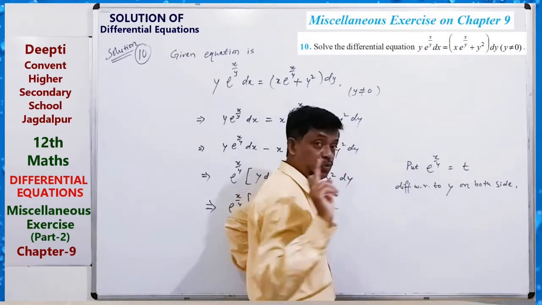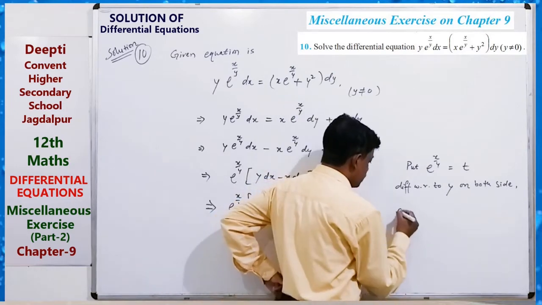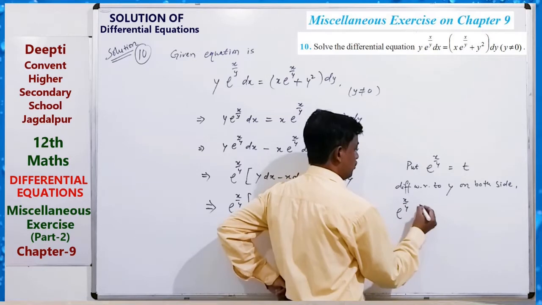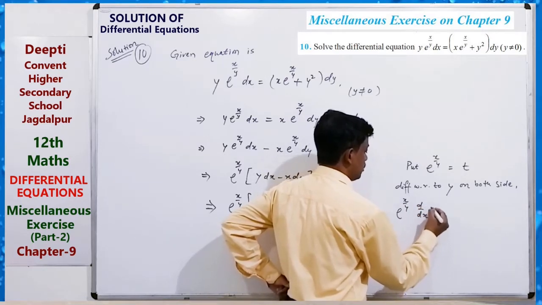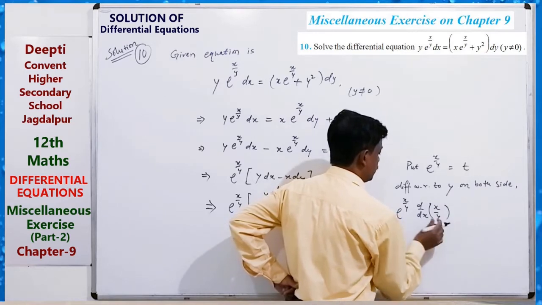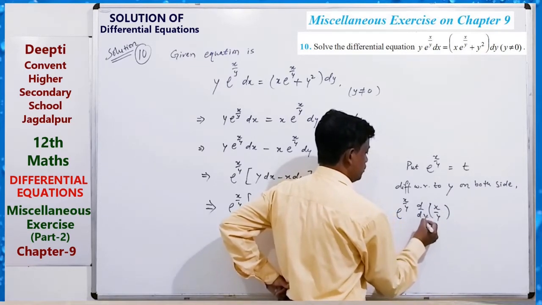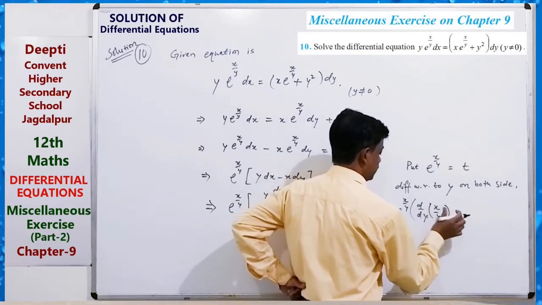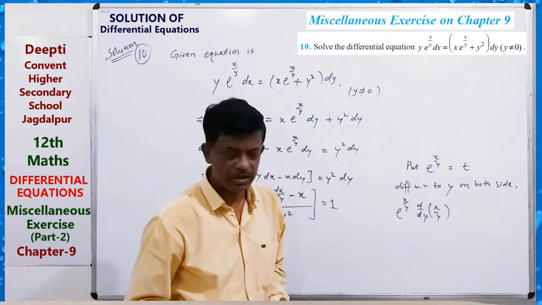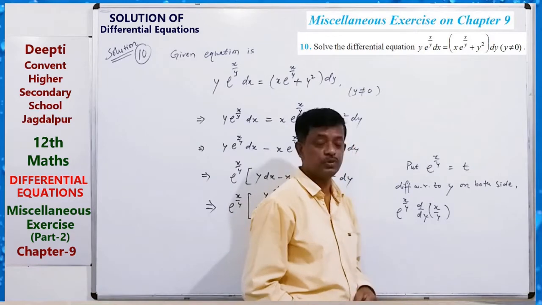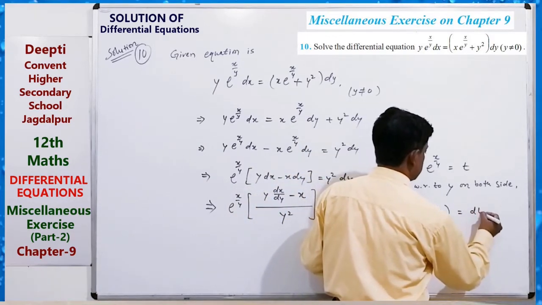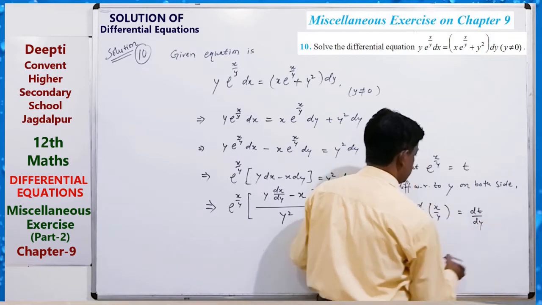So e to the power x by y, and the differentiation of x by y with respect to y is dt by dy.